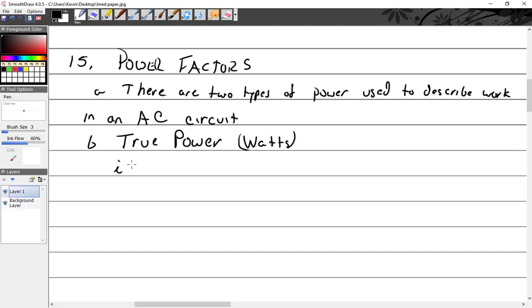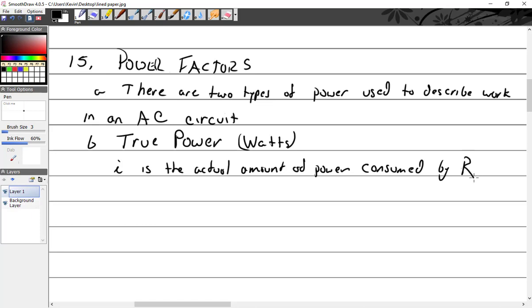It is defined as the actual amount of power consumed by resistance, not taking into account inductance or capacitance. So true power, watts, is the actual amount of power consumed by resistance.